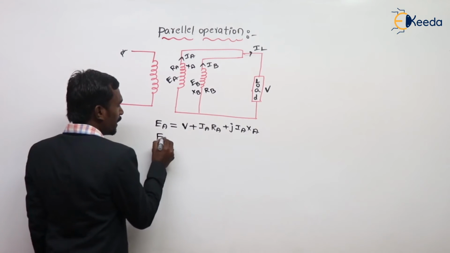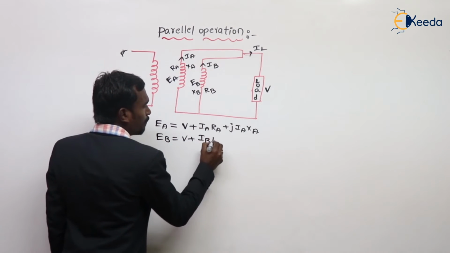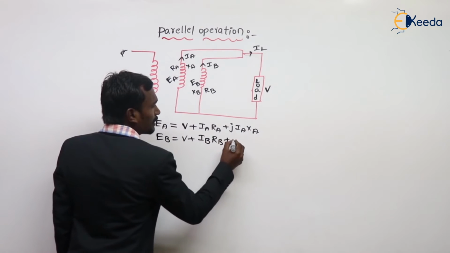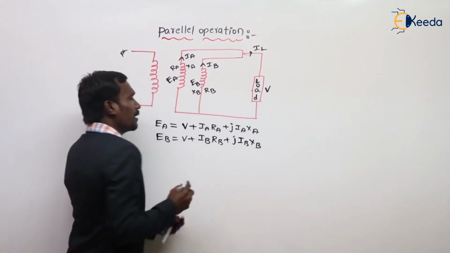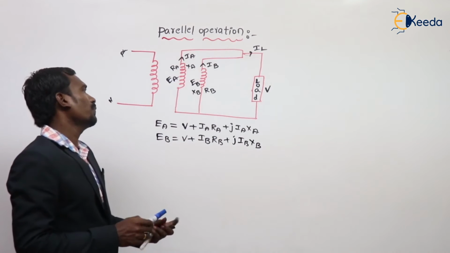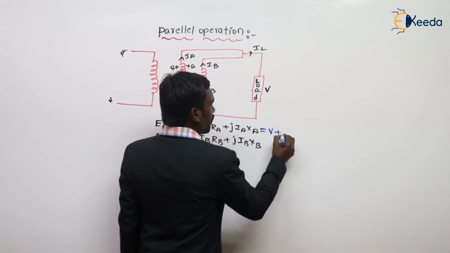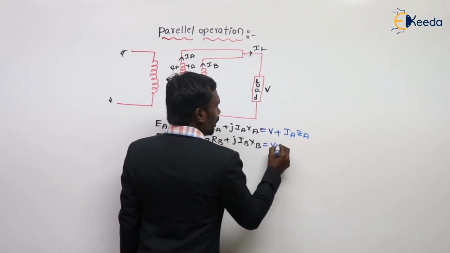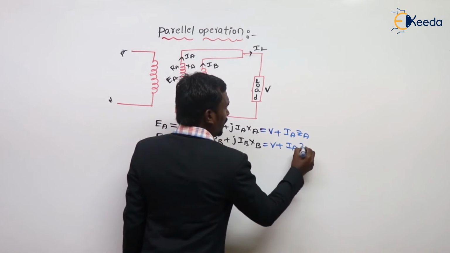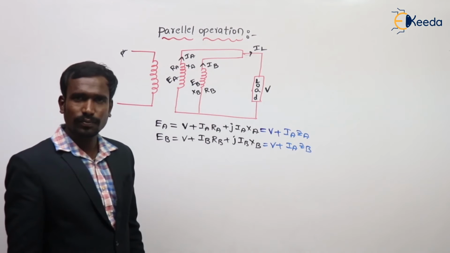And what about EB? EB is equal to V plus IB RB plus j IB XB. This is simply the EMF equations. Or simply, we can write V plus IA ZA and V plus IB ZB.